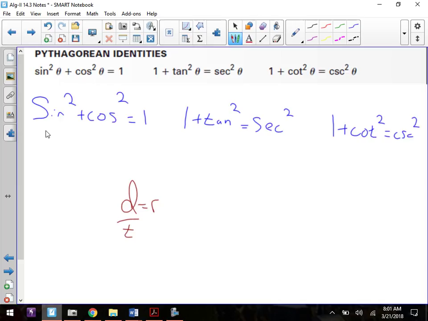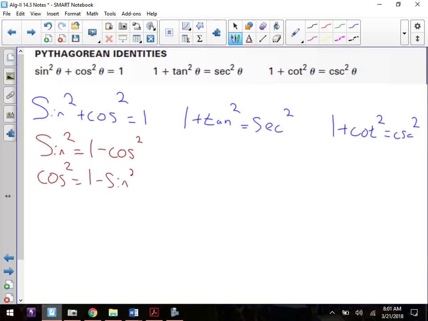So you're basically working with a literal equation. You're isolating a variable. So if I want to isolate sine squared, I could say that sine squared is 1 minus cosine squared. Also, I could say that cosine squared is 1 minus sine squared, just by moving things over left and right.